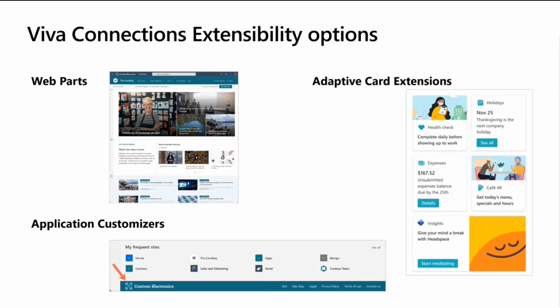And then there are the adaptive card extensions, which are mainly for the mobile experience, but they do actually have a desktop experience as well. I'm going to show that in a bit. But it's basically the Viva Connections mobile experience. That's when we use adaptive cards.